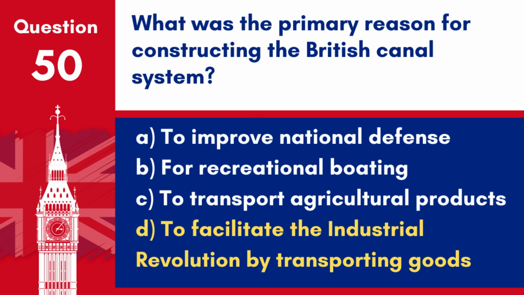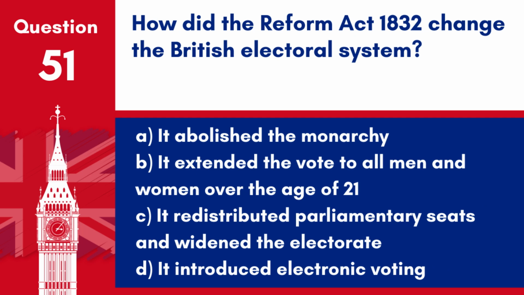the economy. Question 51. How did the Reform Act 1832 change the British electoral system? A. It abolished the monarchy. B. It extended the vote to all men and women over the age of 21. C. It redistributed parliamentary seats and widened the electorate.